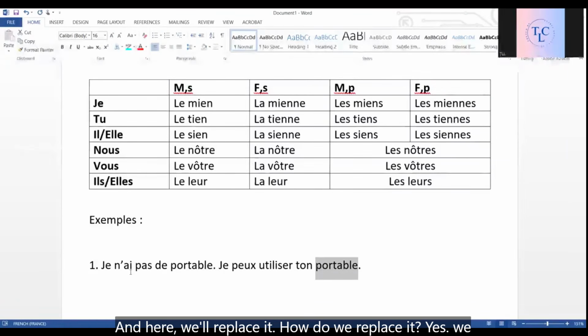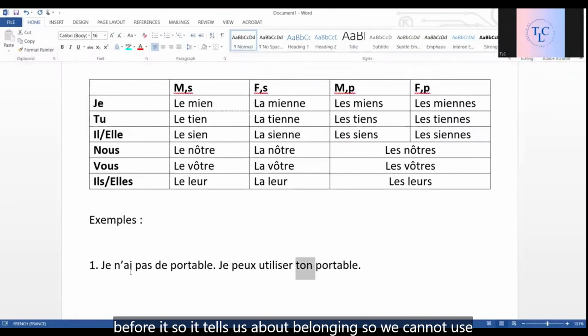And here we'll replace it. How do we replace it? Yes, we use pronom possessif because it has an adjective possessive before it. So it tells us about belonging. So we cannot use any other pronoun here. We have to use only pronom possessif.